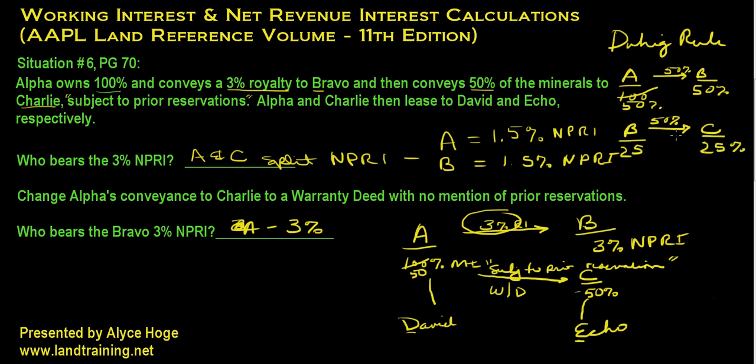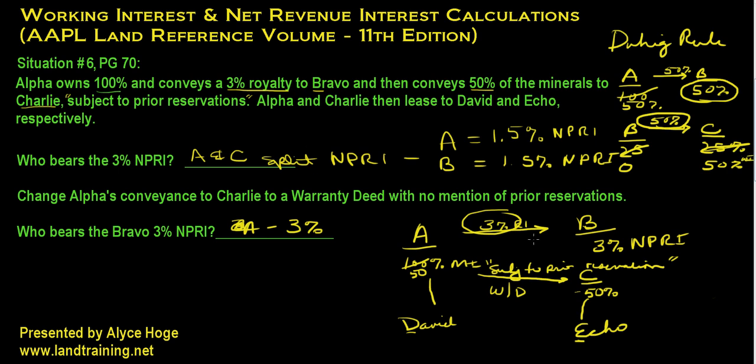But what the court said was because B only owned a 50% interest and he was conveying a 50% interest, you cannot convey what you do not own. And so therefore the interest of B was 0 because he owned 50% and he conveyed 50%, and C owned the other 50% working interest.